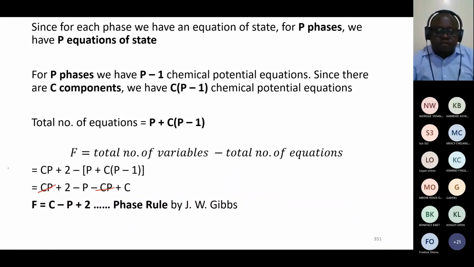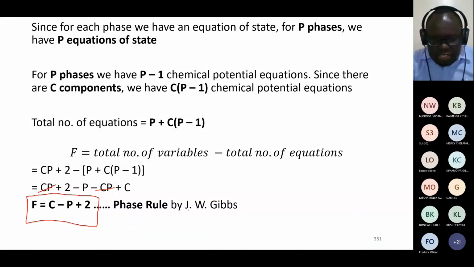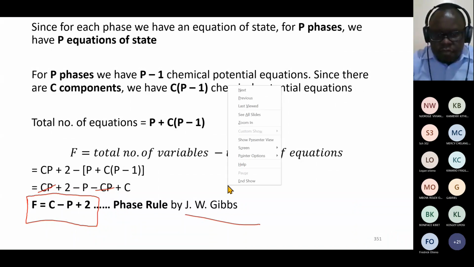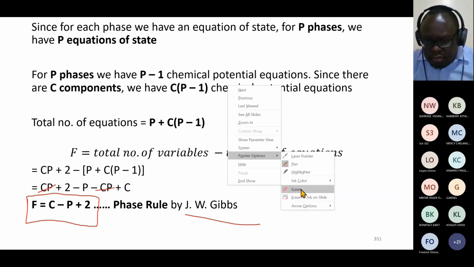This now gives us the phase rule as deduced by J.W. Gibbs. So that is how you deduce the phase rule.